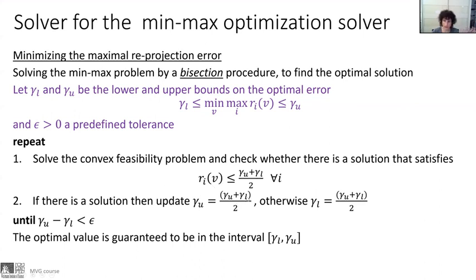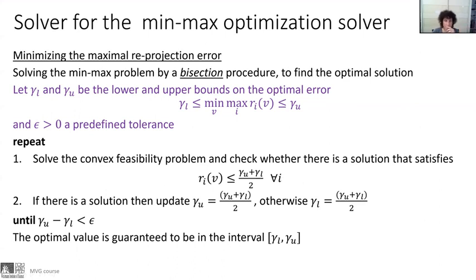If there is no solution, I update the lower bound with this. In this manner, I'm bisecting the interval between gamma L and gamma U such that at the end, when gamma U is close to gamma L up to epsilon, I know that I'm in the interval of the optimal value. And this is the way I'm attacking this problem.